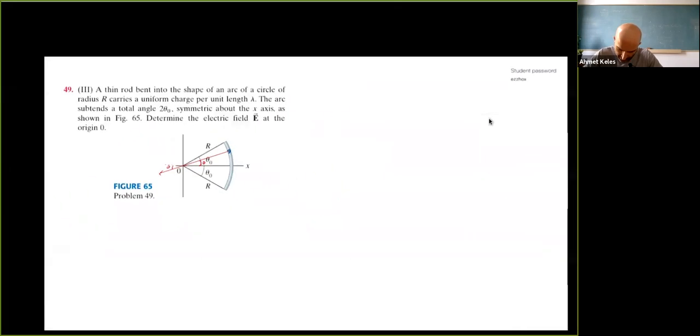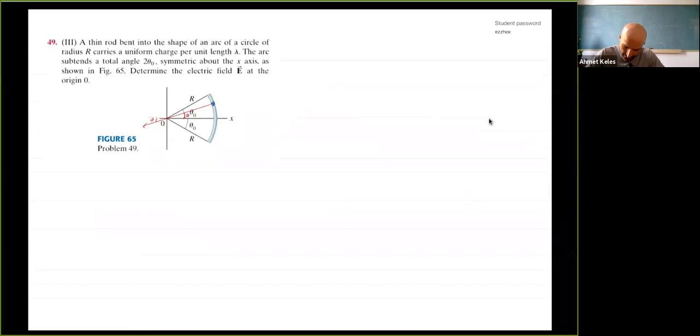And I write the electric field. So electric field dE is equal to k times total charge. Total charge is density times length. Length is R times d theta, divided by total distance squared, which is R squared.